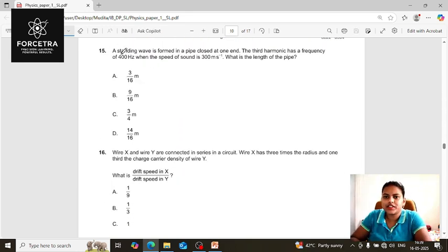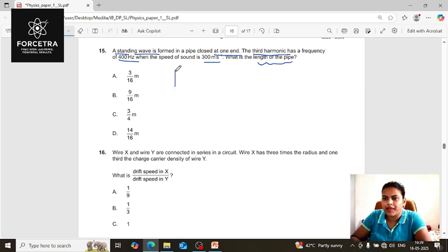Let's see another question. A standing wave is formed in a pipe closed at one end. The third harmonic has a frequency of 400 Hz when the speed of sound is 300 meter per second. What is the length of the pipe?